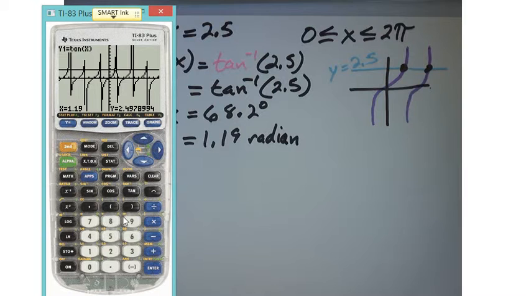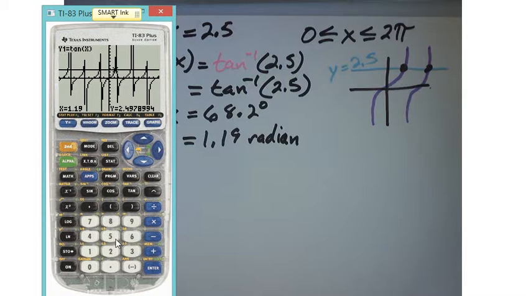And where would you get that from? See, tangent has a period of pi. Remember that sine and cosine have a period of 2 pi, but tangent repeats itself at pi. And if we don't put anything that transforms the period inside the parentheses of tangent, then that period should remain pi.